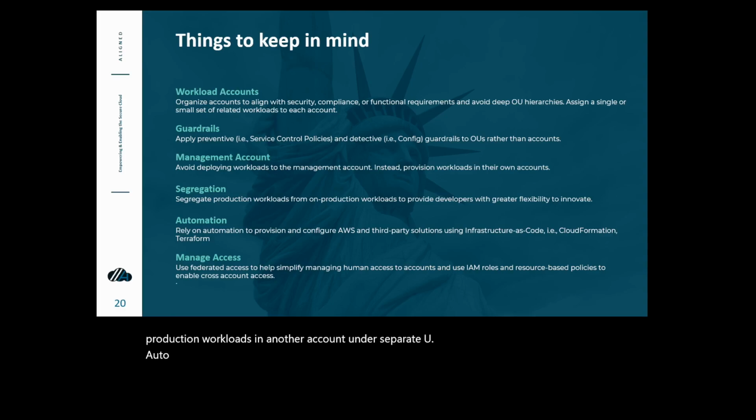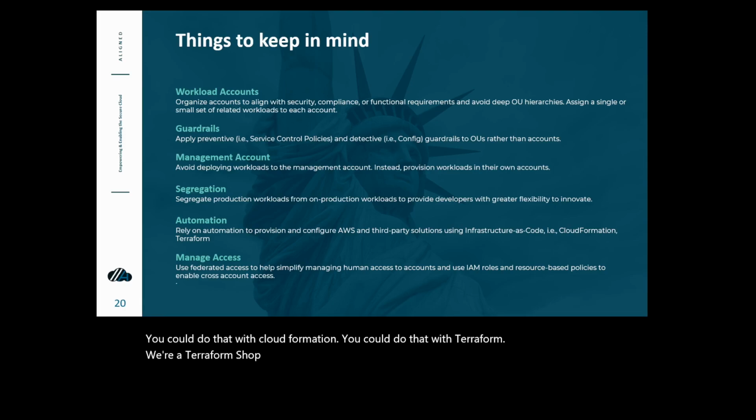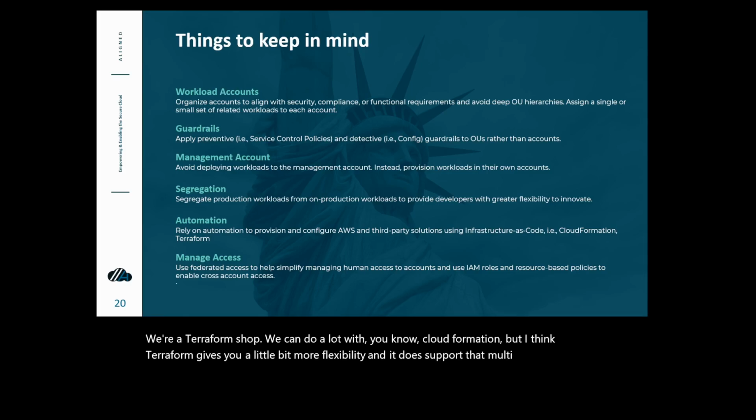Automation. Rely on automation, preferably infrastructure as code, to deploy your resources and configure those resources. You could do that with CloudFormation. You could do that with Terraform. We're a Terraform shop. We can do a lot with CloudFormation, but I think Terraform gives you a little bit more flexibility, and it does support that multi-cloud approach, right?